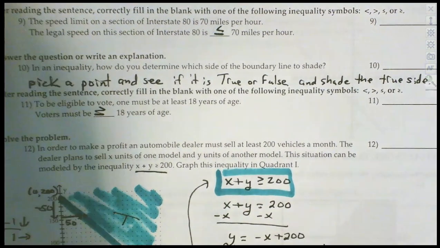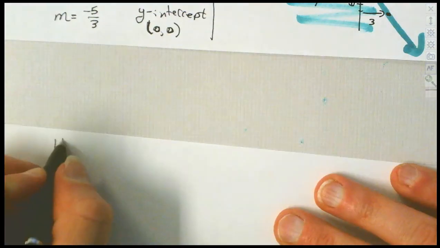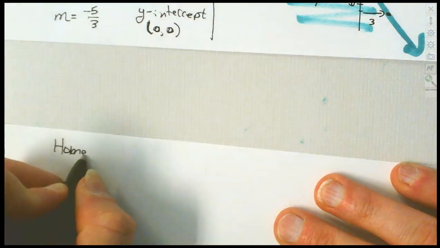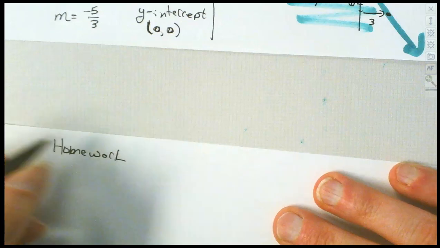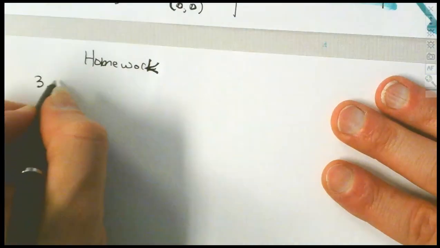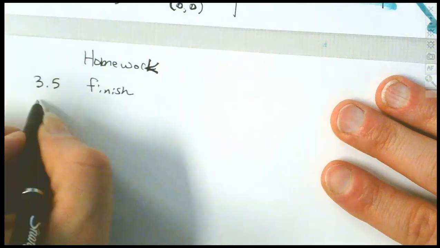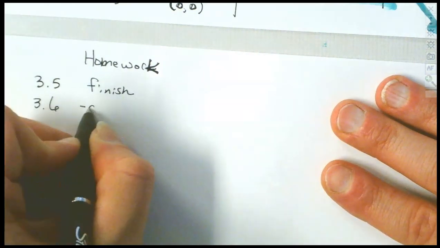Remember, next week is going to be our fall break. So for next week, your homework is going to be 3.5, and 3.6. You should be able to do all of it.